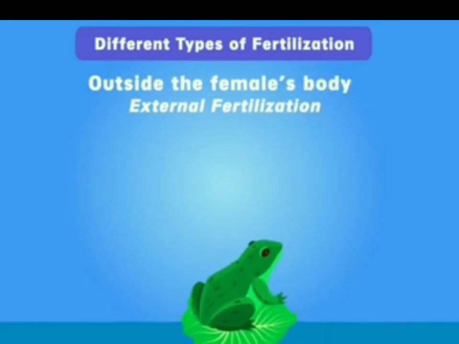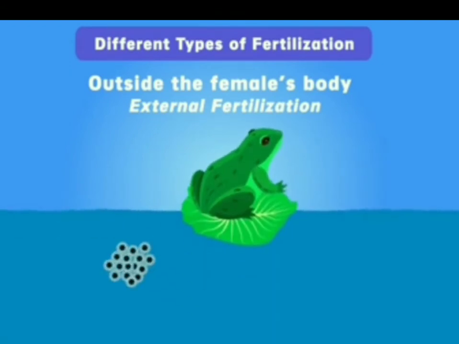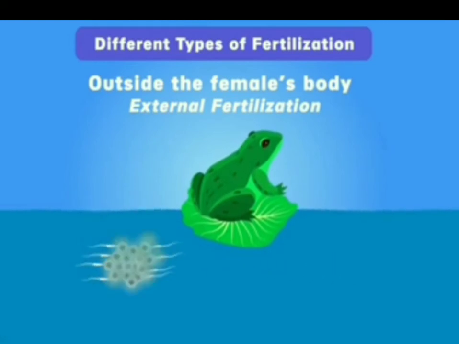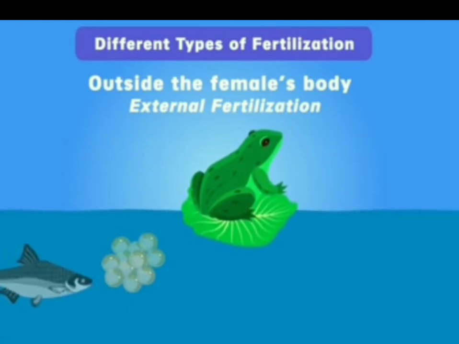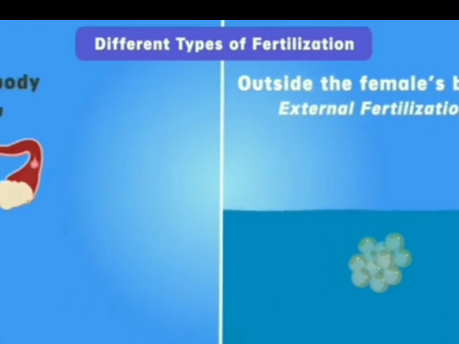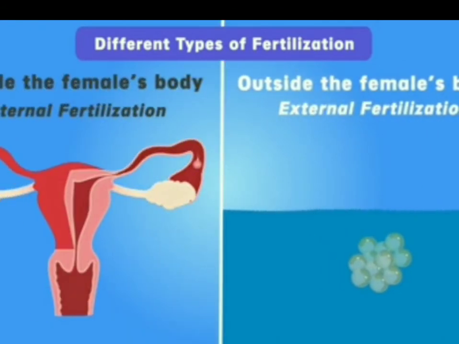For example, the frog. It lays the egg outside, and the sperm is also released outside in the water, and the fertilization takes place outside, the fusion of the male and female gametes, and the egg is hatched outside the body.